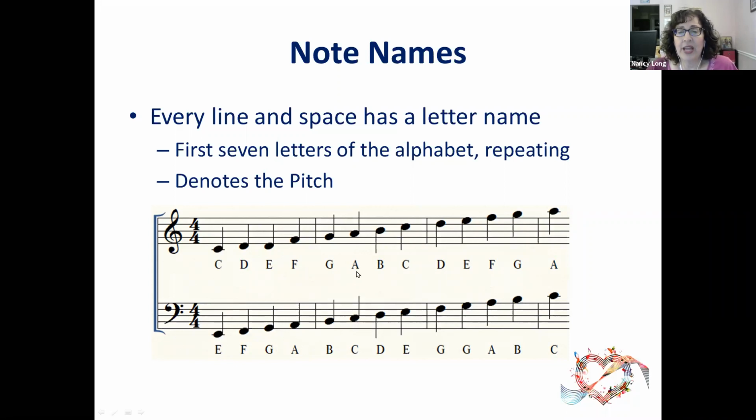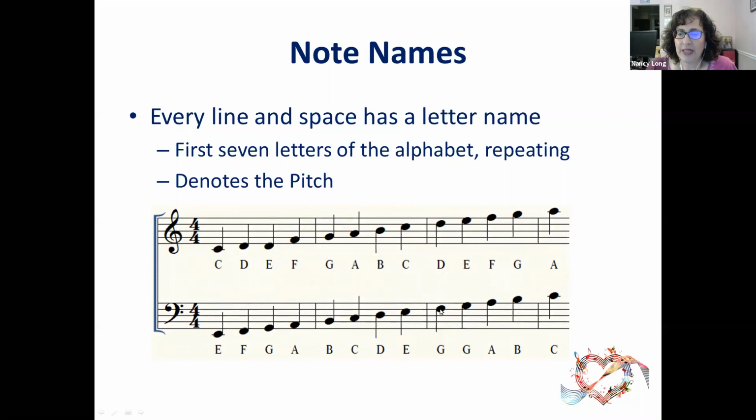But basically, the note names start at A and go to G and then repeat again. So A, B, C, D, E, F, G, A, B, C, D, E, F, G. Same thing in the bass clef: A, B, C, D, E, F, G, A, B, C, etc. So if you start on that G and read up, G, A, B, C, D, and on, or downward, F, E, D, and C. Same thing in the bass clef.